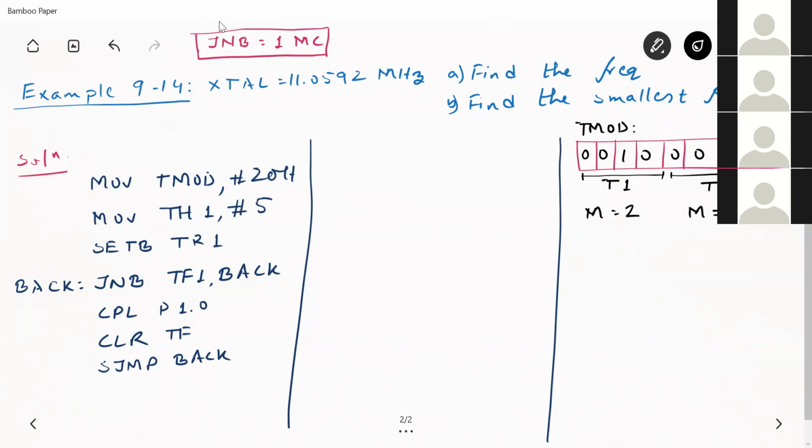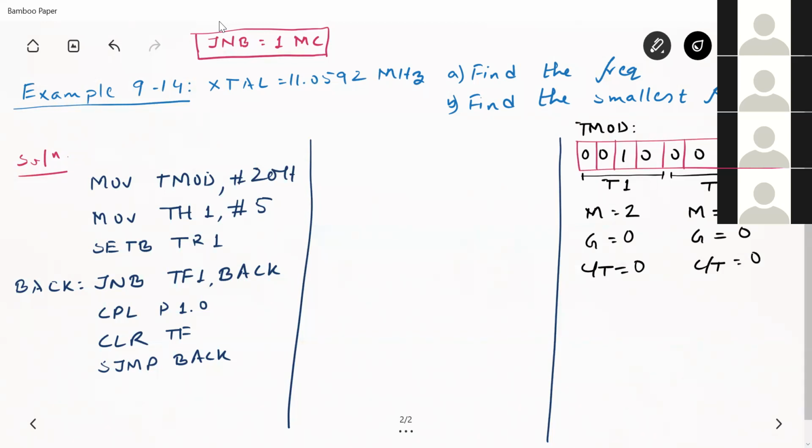And what is the mode in lower nibble? Mode 0. Good. What is the gate in both the cases? 0. And this is also 0. That means we will go for the software approach. And what is C/T in both of these cases? 0. Also 0. Fine. So these are the informations that we get after the first line.